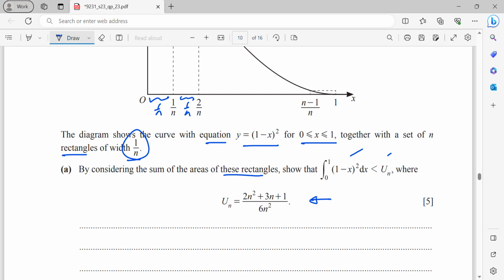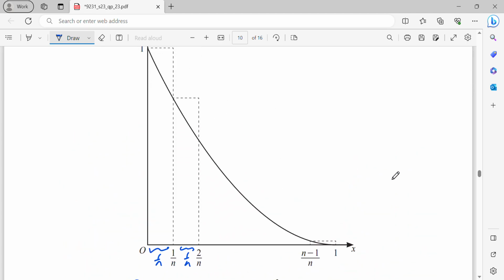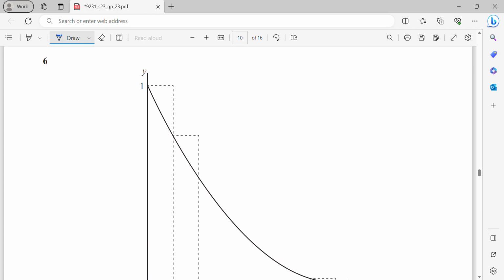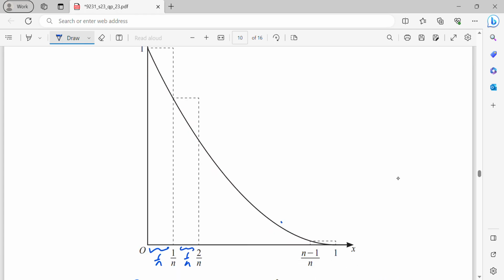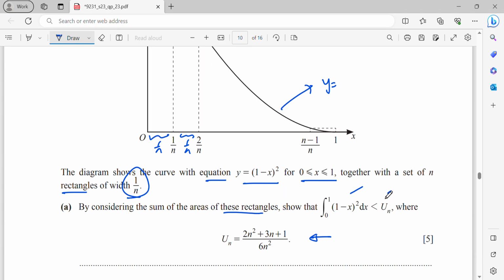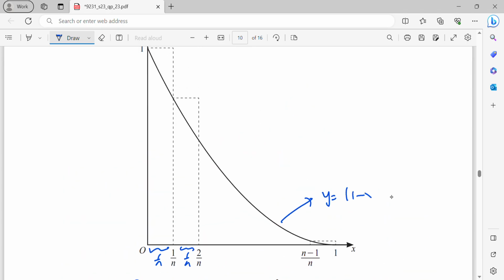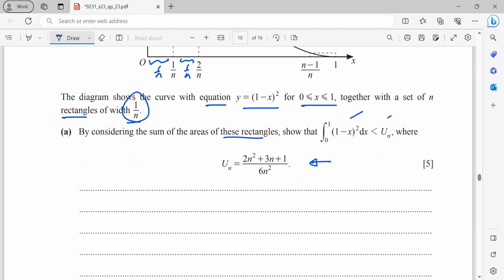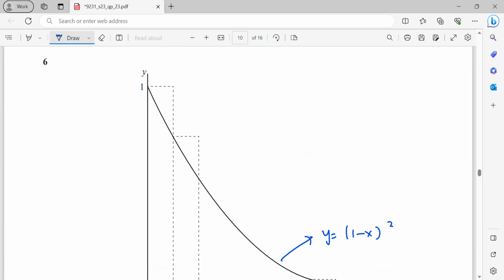Okay, so here I will get the sum of the areas of the rectangles. Remember, this curve is y equals 1 minus x squared. To get the sum of the areas of the rectangles, for the first rectangle, I am using the first ordinate for the height.